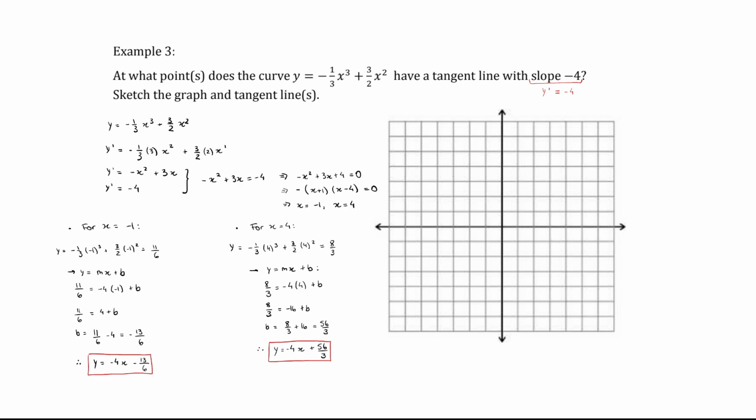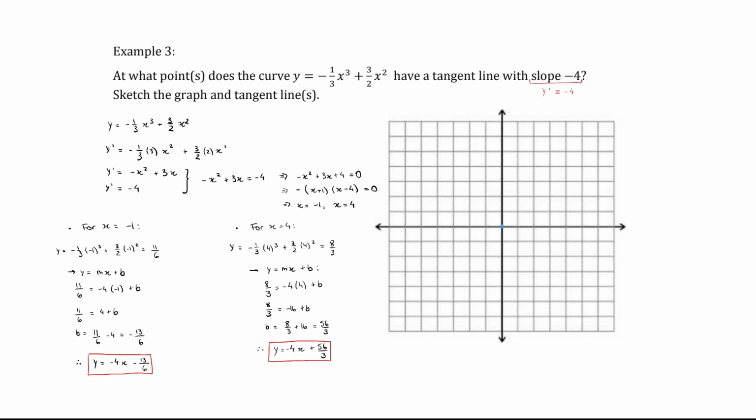Of course, it's not going to be fully accurate, but let's try and keep it as neat as possible, right? So here we are going to have a cubic function, right? And we know that our cubic function is going to go through 0, 0.